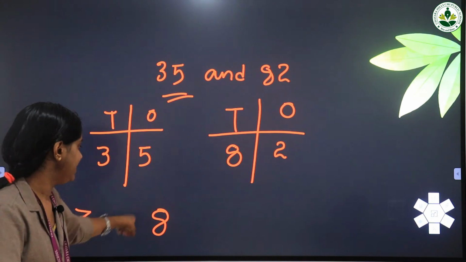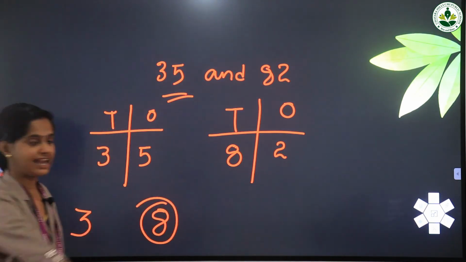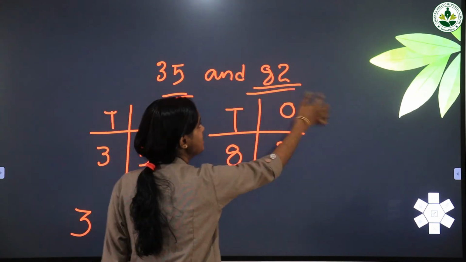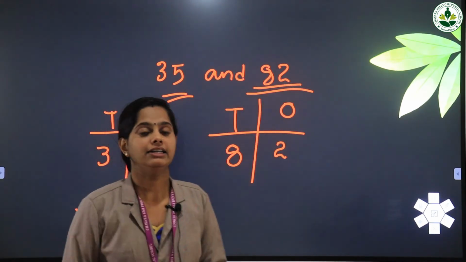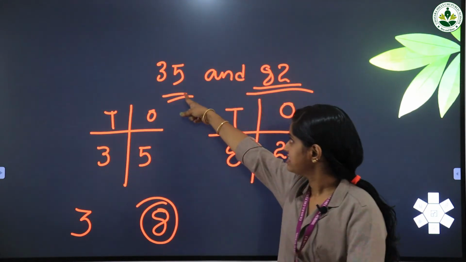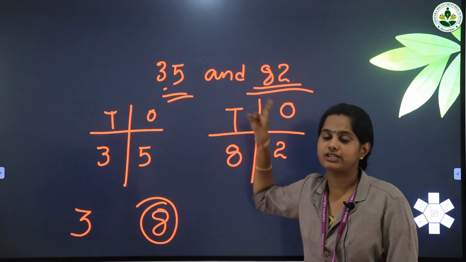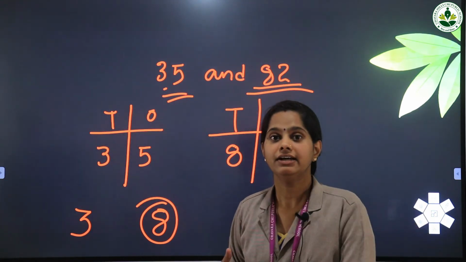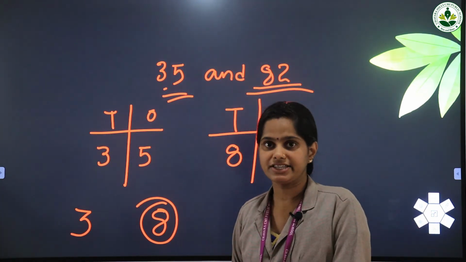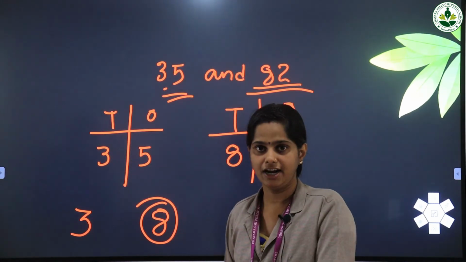We know that 8 is bigger. So we can say that 82 is the bigger number. The number with more tens is the bigger number. Here we can see only 3 tens and here 8 tens. So, we can say that 82 is the bigger number.